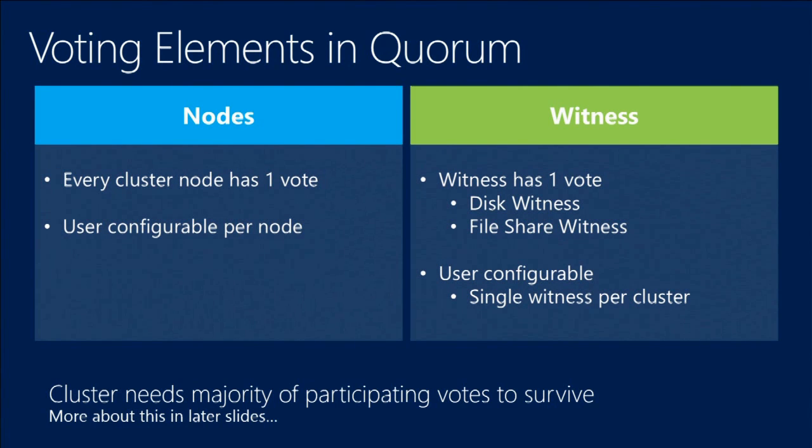A witness, when you configure it, has a vote. So if I have 5 nodes in my cluster and I have a witness, I have a total of 6 votes, and a simple majority is 4. With dynamic quorum, the majority would change, and I'll be going over those scenarios in detail. But really, that's the simplified message: it's a simple majority, and these are the only two types of voting elements.